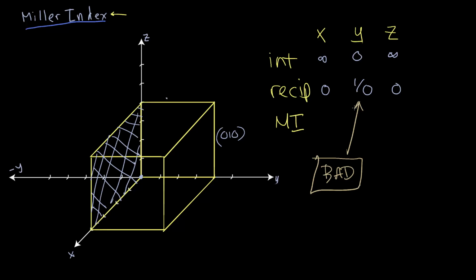This is not a number. In fact, we would usually call this number infinity. And infinities are hard to deal with. We can divide by infinity, but we can't really have infinity in a Miller index. It just doesn't work. So there's another convention that we use to deal with this infinity.